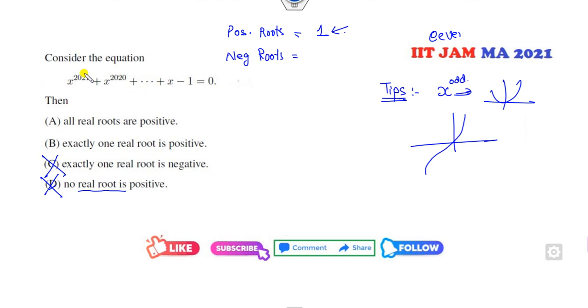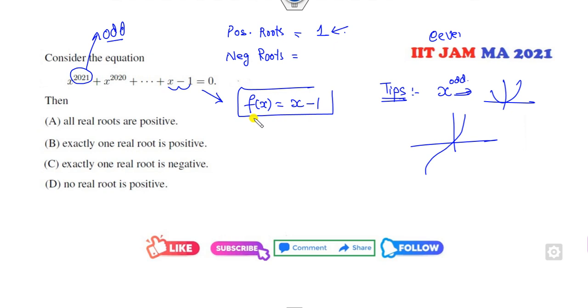Whatever the degree is, you can see the degree is odd. I can change this function to an odd degree one, simply x minus 1. I will solve this question like this. They are simply talking about the number of roots. If they were talking about the root at which the function value is something, then we would have to solve this equation.